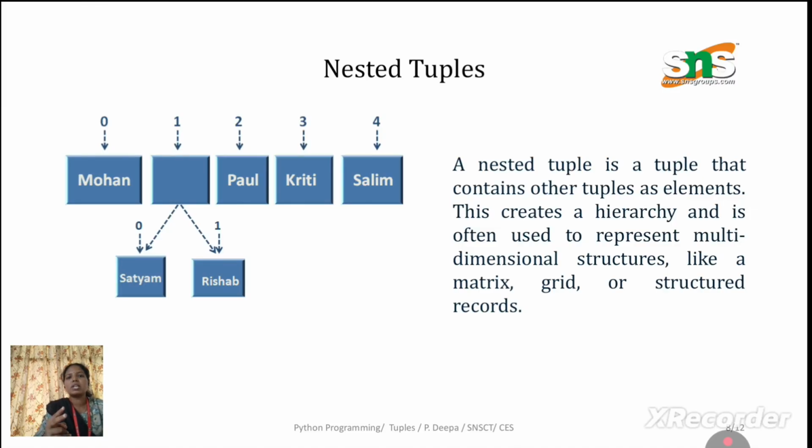In the given picture, say, Mohan, the empty element of the list, then Paul, Kriti and Saran. We have added two people in the ordered list, but tuples cannot have elements added. So we can take the zeroth index and the first index and add the remaining two people.